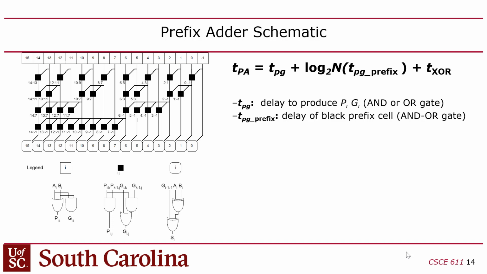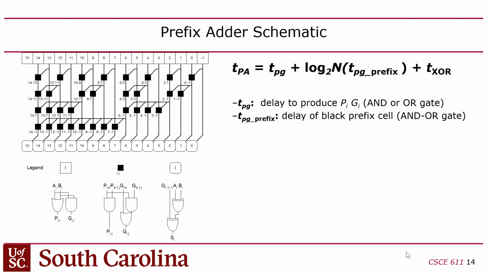So the idea is that if you can calculate the generate for each one of the output columns separately, then every single full adder is going to have its own carry in that's going to be constructed from building up combinations of the propagate and generate bits that are in groups.